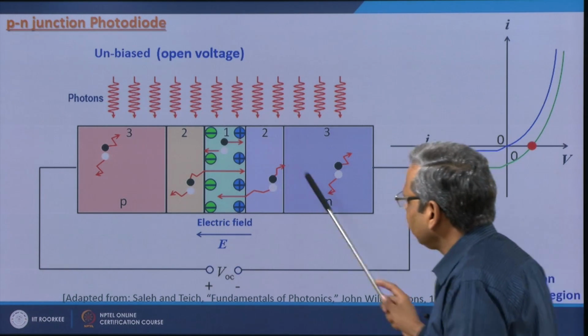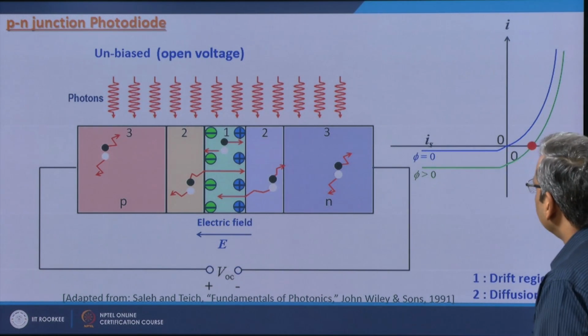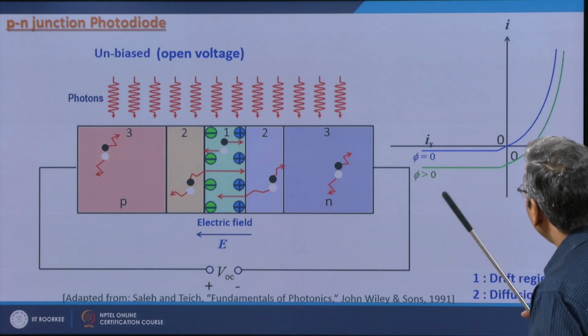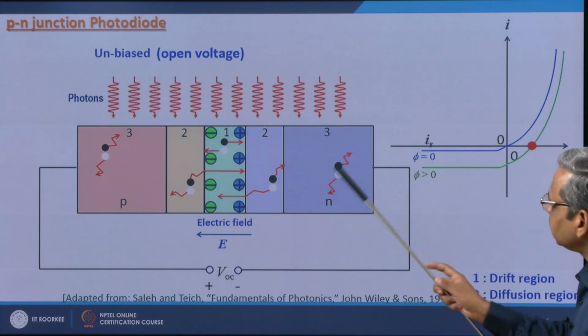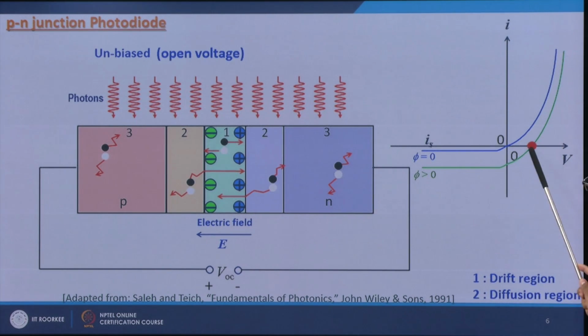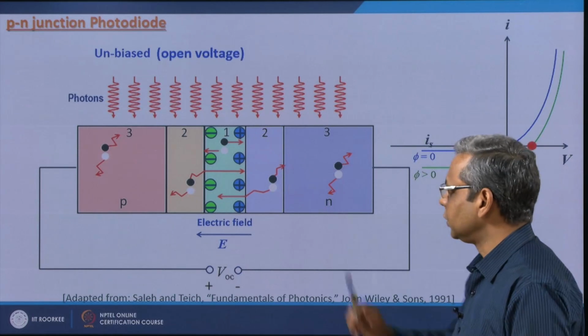So, I have not applied any bias voltage, but because of the charge separation, a voltage appears across the terminals, which is VOC, and it is known as open circuit voltage. This is open circuit voltage.